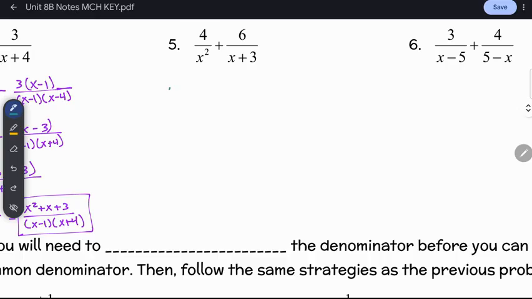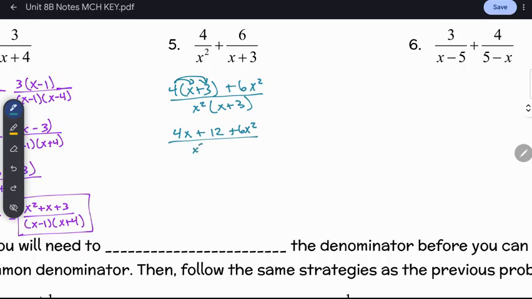This is going to give me 4 times x plus 3 plus 6 times x squared, and this is all over x squared times x plus 3. So now we're going to distribute this 4, and then we're going to look for common terms. So we have 4x plus 12 plus 6x squared over x squared times x plus 3.